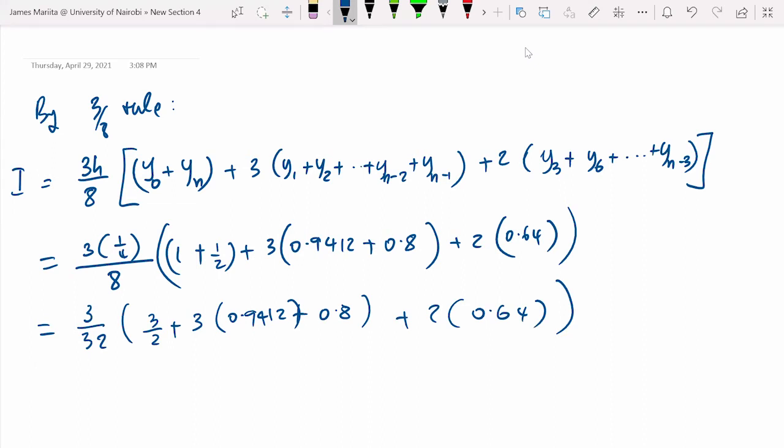So you can be able to find the value of that if we were to use the 3/8 rule for that question. You can also try the following.